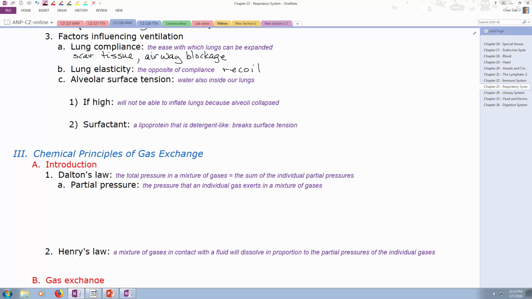So we have a surface tension issue inside our alveoli too. Remember, water has high surface tension. Again, it makes it difficult to inflate our lungs because the alveoli are collapsed.